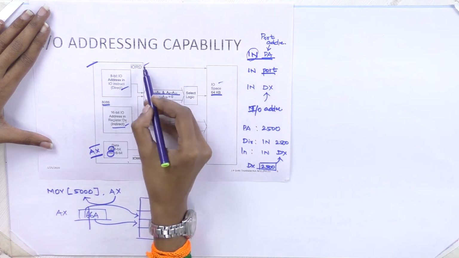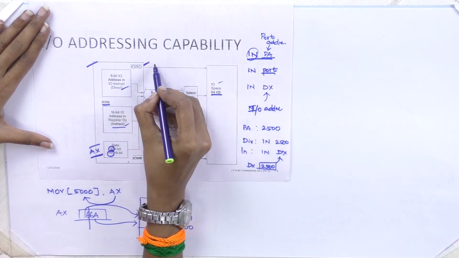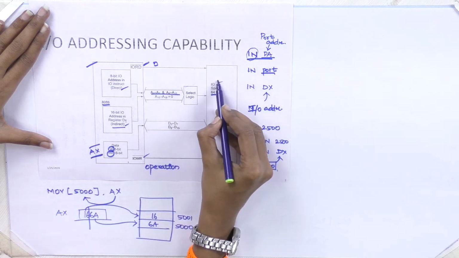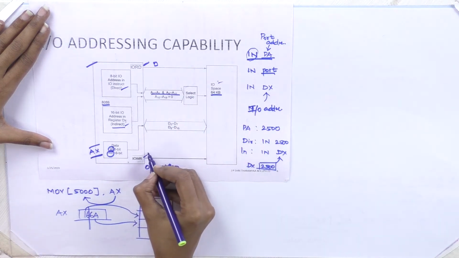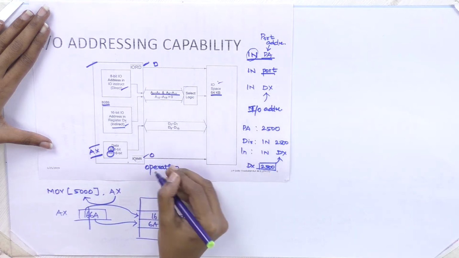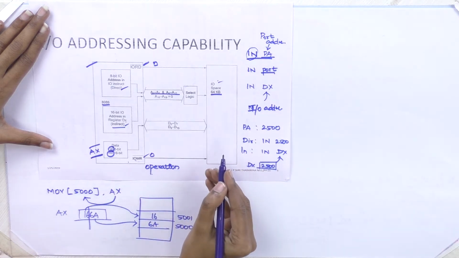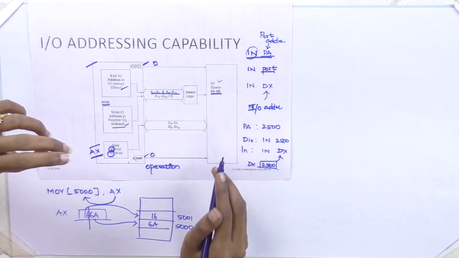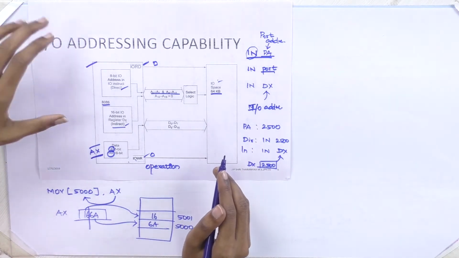For a read operation, the I/O read line should be low, and only then can you read from the I/O device. For a write operation, I/O W bar should be 0. This is how the addresses of I/O devices are used in the 8086 microprocessor.